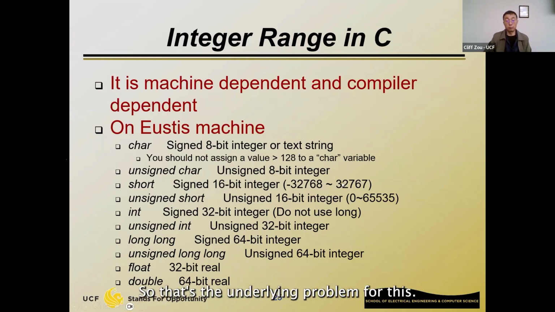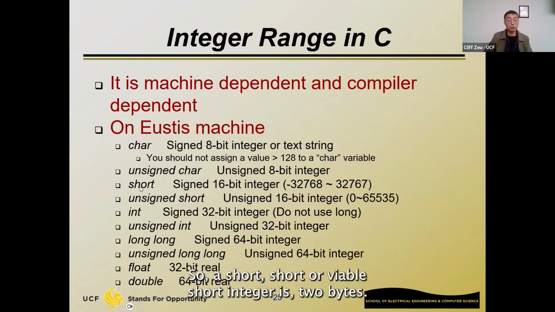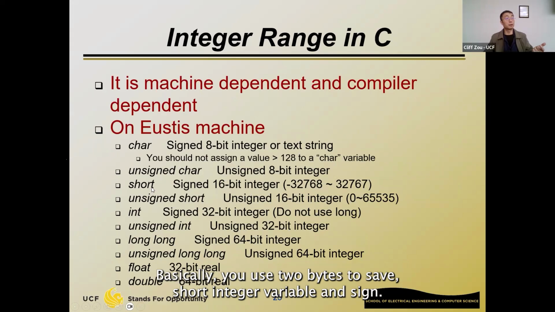So that's the underlying problem for integer overflow bugs. A short integer is 2 bytes. Basically, you use 2 bytes to save a short integer variable.